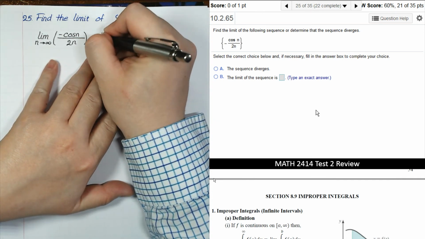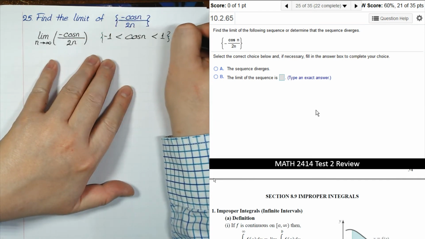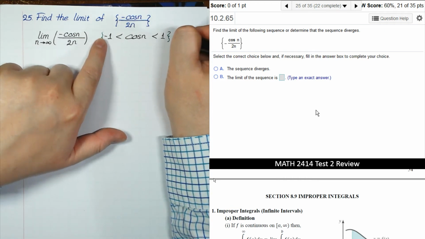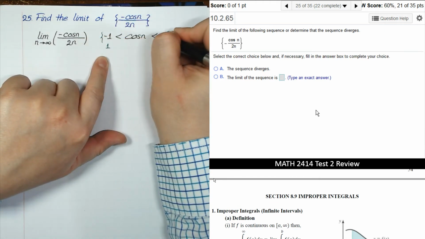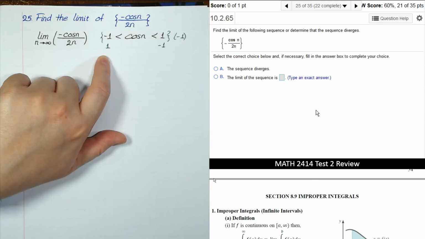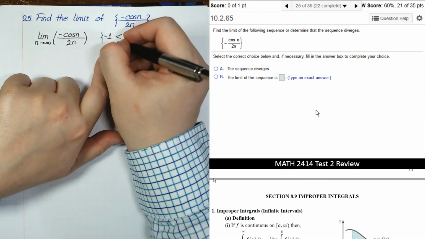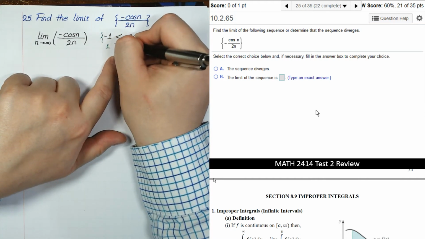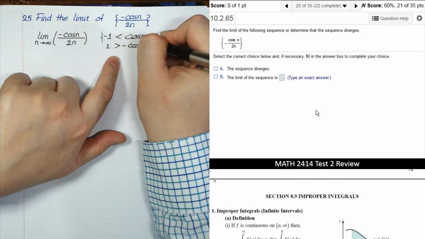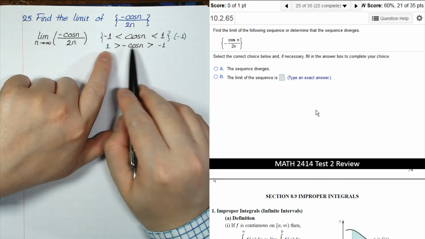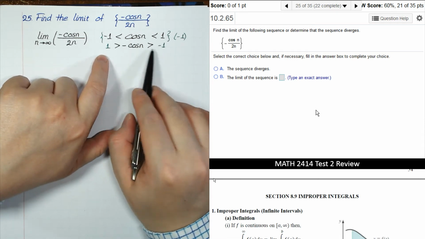If we multiply everything by negative 1, negative 1 becomes 1, 1 becomes negative 1. But when we multiply by a negative, we switch the inequality. Bottom line, negative cosine is still between negative 1 and 1.